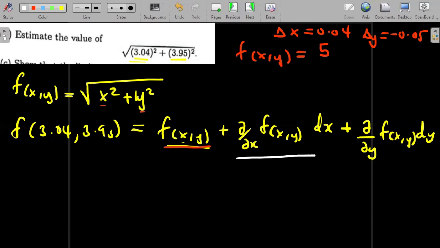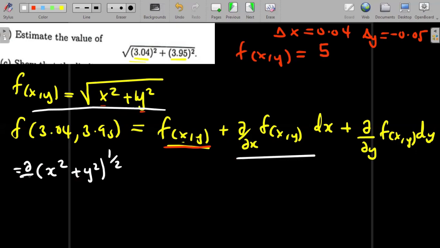So what I do next is find this part here. How do I get that part? I will take this same function which we have here and write it as (x squared plus 4y) to the power 1 over 2. Then I must find the partial with respect to x, so I will be differentiating x and considering y to be a constant.